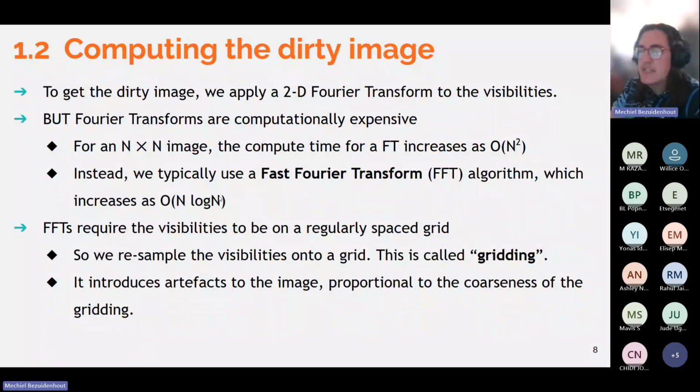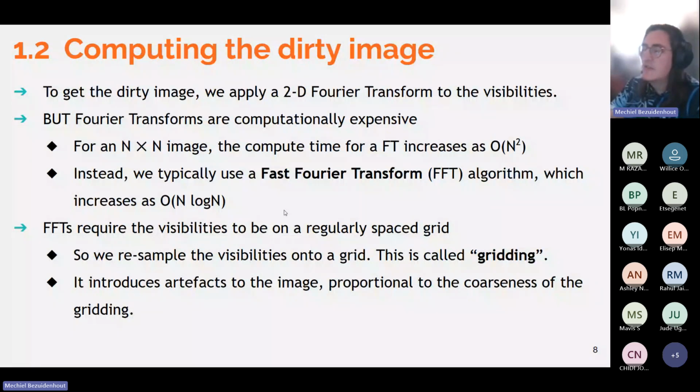The problem is that this FFT requires the visibilities to be on a regularly spaced grid. So you can't just have a visibility anywhere in UV space. It has to be fit onto a grid. And so we have to resample the visibilities onto a grid, which is called gridding. And because we're moving the UV samples around, that introduces some artifacts into the image.